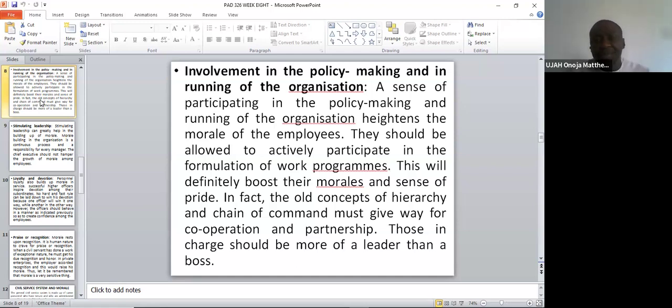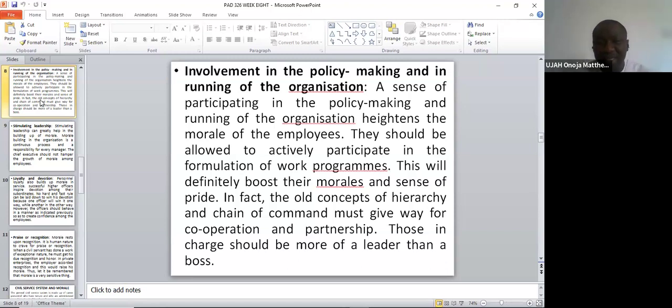You see, this statement is self-explanatory, and it goes to show, even in our day-to-day activities, that when you are appreciated, when you are carried along, when you feel that positions of authority and responsibilities are accorded you in an organization, there is the tendency that you would do everything to ensure that there is success within that organization. So what this statement is trying to say is that the idea of having superiors breathing on the neck of inferiors or subordinates should not happen, or making people feel they are inferior to you.